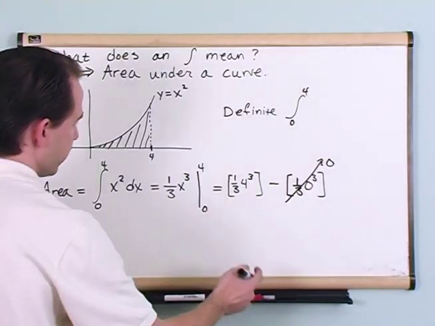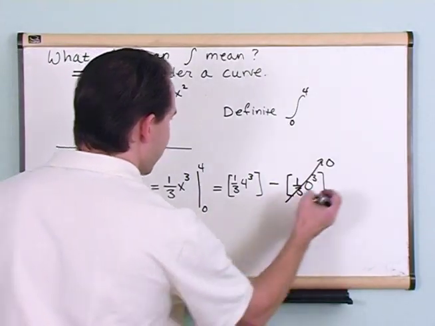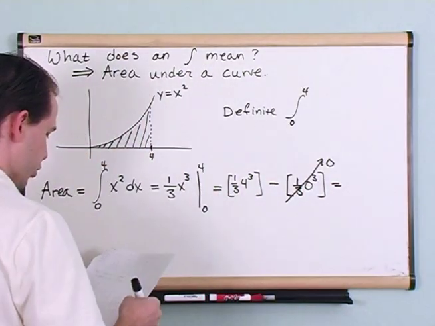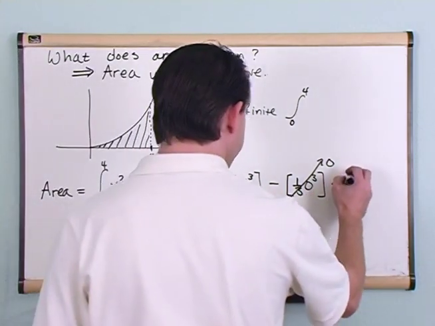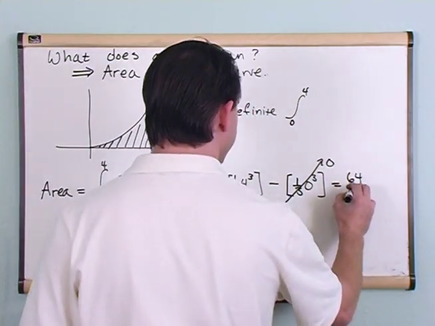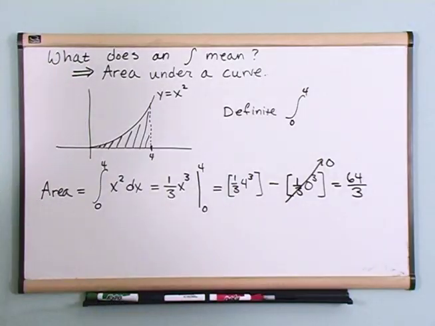So in the end, what you would have is 4 cubed over 3, which would be 64 over 3. And that would be the answer. That would be the actual answer in area units underneath the curve there.